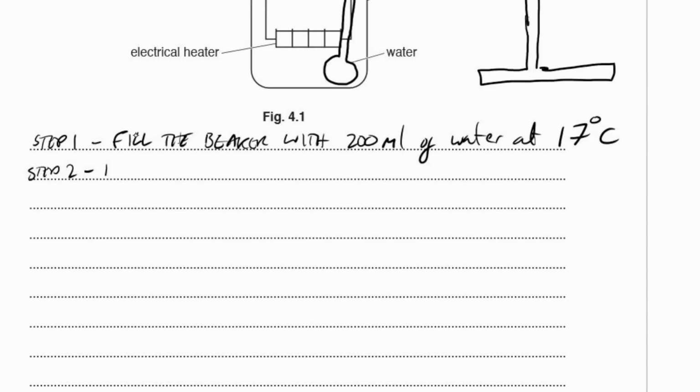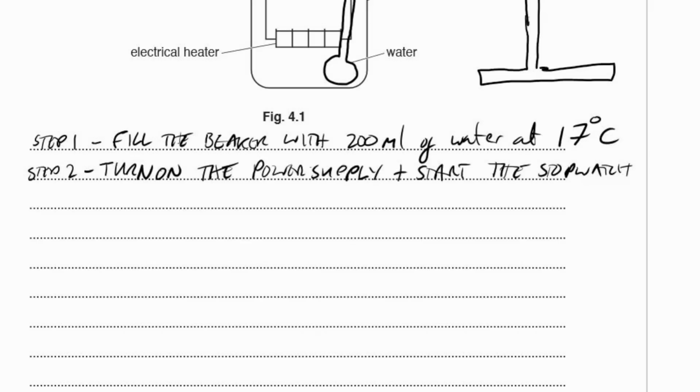So step 2, we're going to want to turn on the heater and start the stopwatch at the same time. And of course we're also going to want to record the readings for the current and voltage. We'll do that in the table that we'll design.